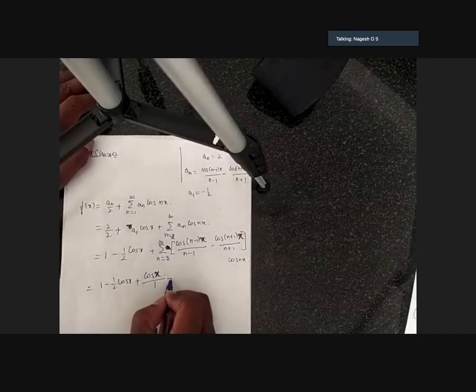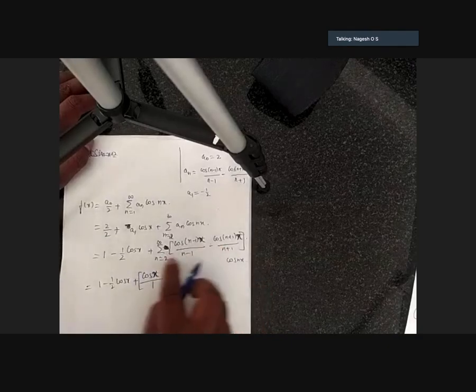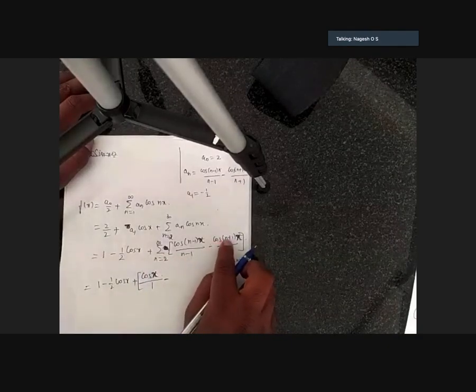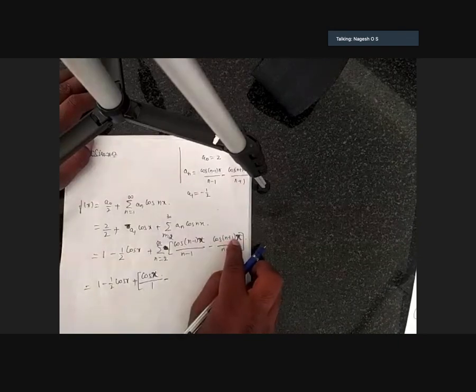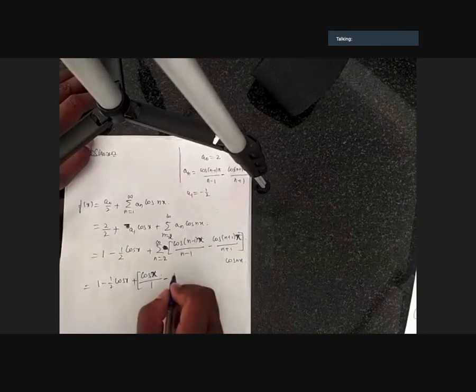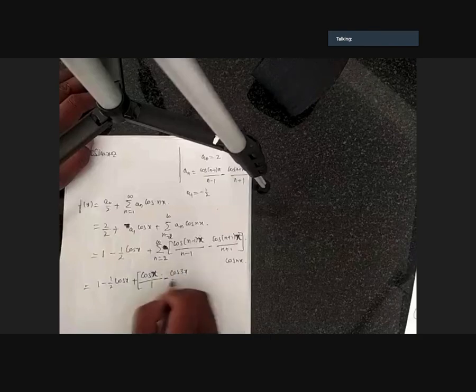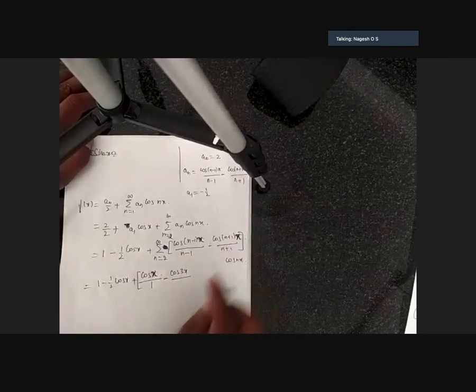Next, minus, give n as 2, cos (2 plus 1) pi by (2 plus 1) cos 3x.